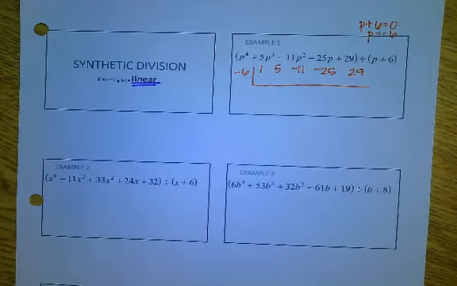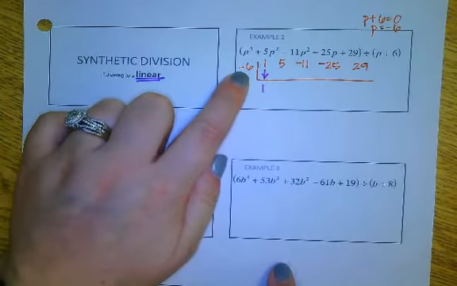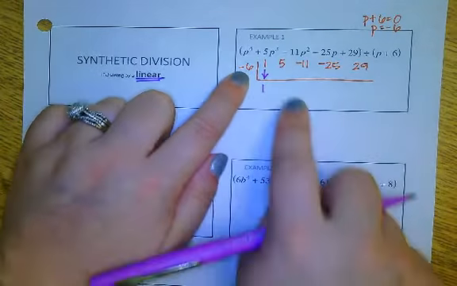Okay. The first step is to bring down your first coefficient, which was 1. That's the first term you're bringing down. After you bring down the first term, you're multiplying your number outside times your number on the bottom.